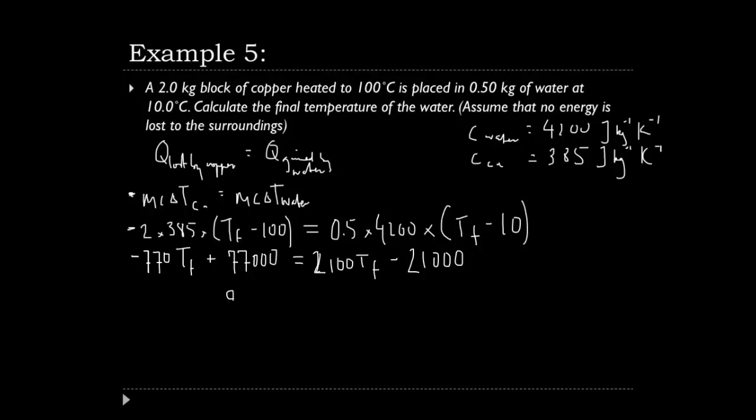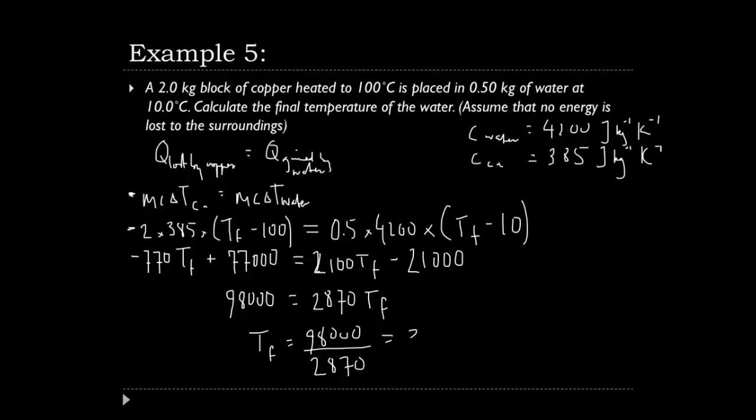We get 98,000 is equal to 2,870 Tf, and so Tf is equal to 98,000 over 2,870, which is equal to 34.14.